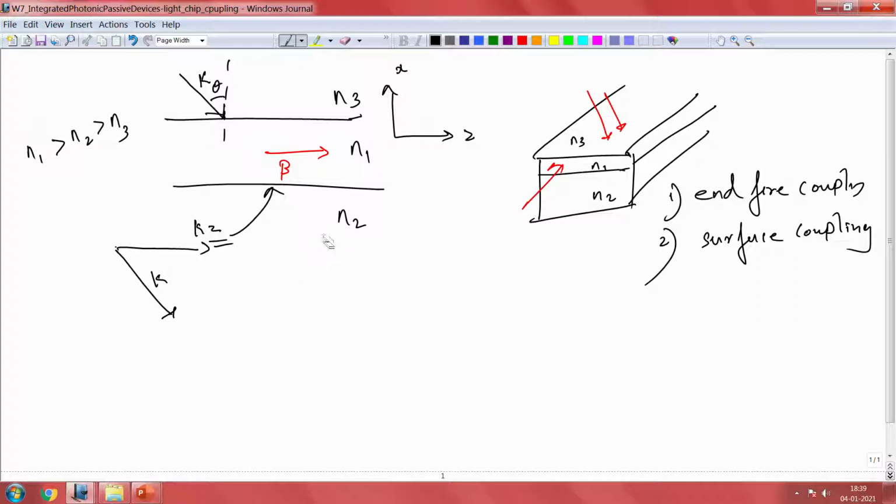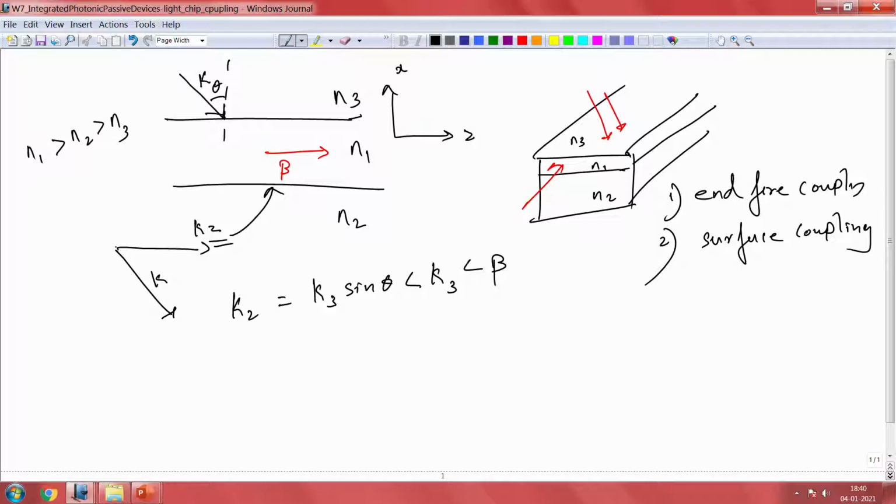It is the longitudinal propagation constant, the z component, that should satisfy the phase matching condition. So what is that? kz here should be equal to k3 sin theta, which should then be between k3 and beta.